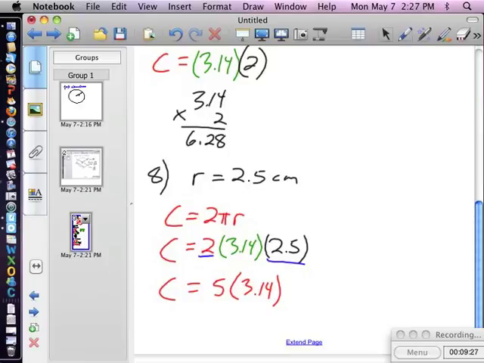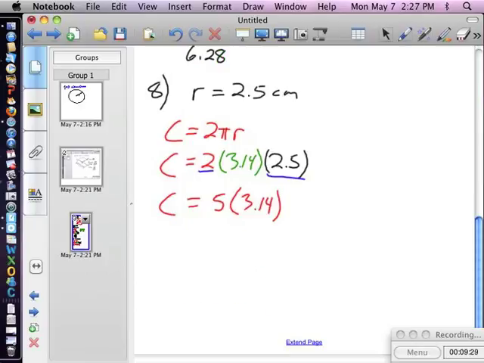If I was really interested in doing this in my head, I know that multiplying by 5 is the same as multiplying by 10 and then dividing by 2. So I know that the answer is going to be close to 15, a little more than 15, so maybe 15.7, I think.